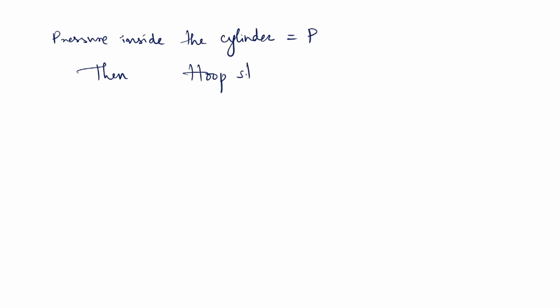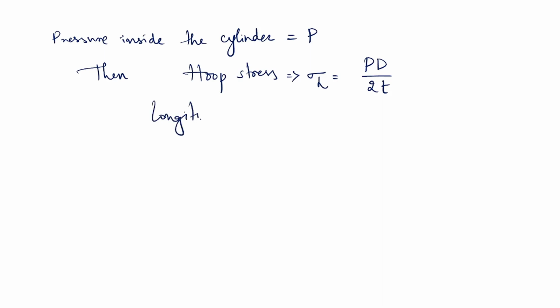If the pressure inside the cylinder is P, then hoop stress sigma H is pressure multiplied by diameter divided by 2 multiplied by thickness, that is, P D by 2T, tension. These are all tension.